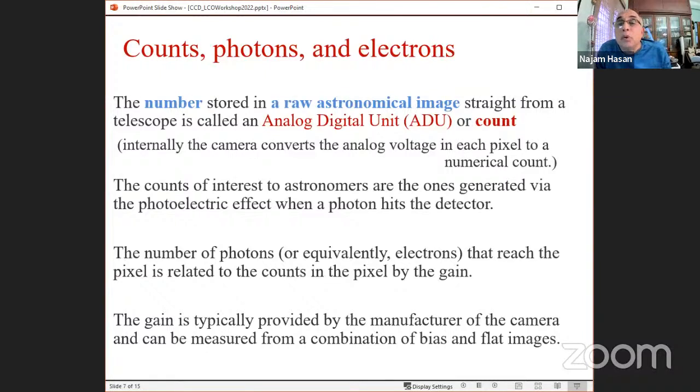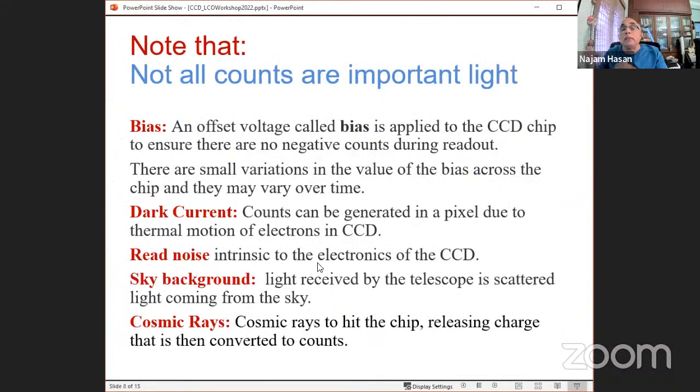The number of photons, or equivalently electrons, that reach the pixel is related to the counts in the pixel by the gain. The gain is typically provided by the manufacturer of the camera and can be measured from a combination of bias and flat images. So we'll come to see what bias is.